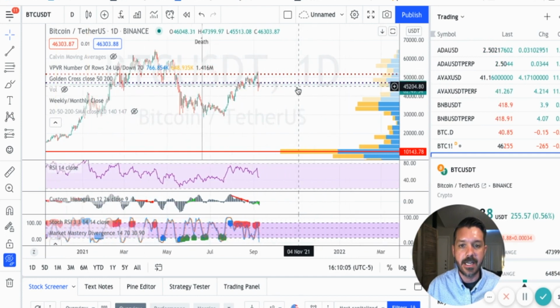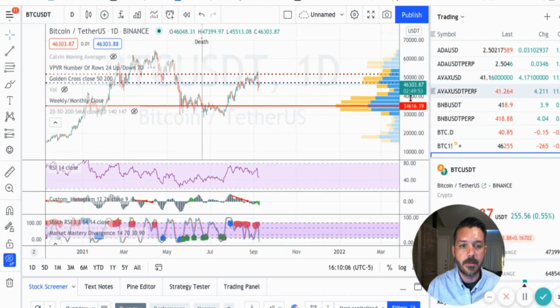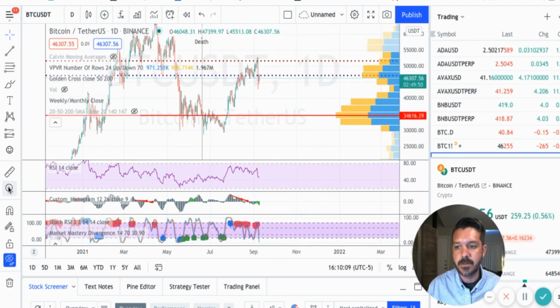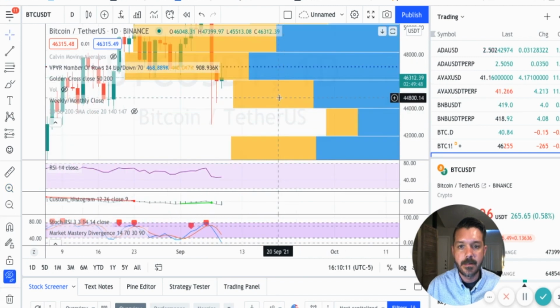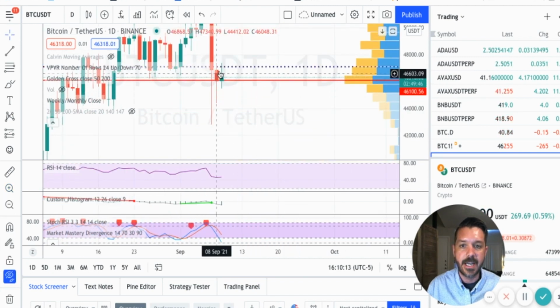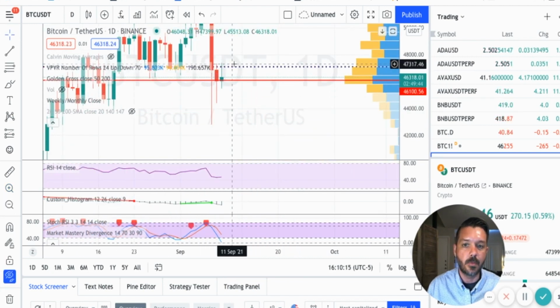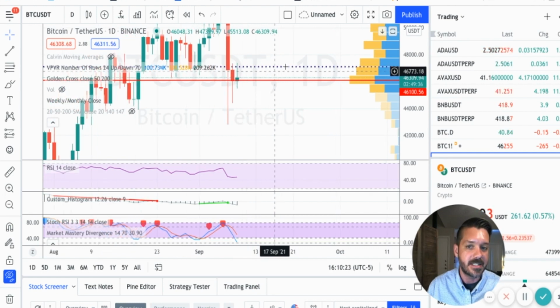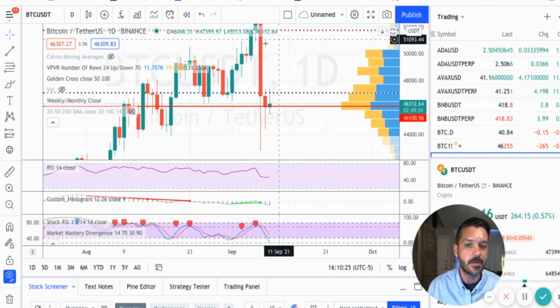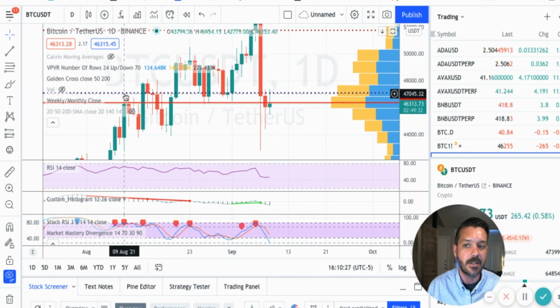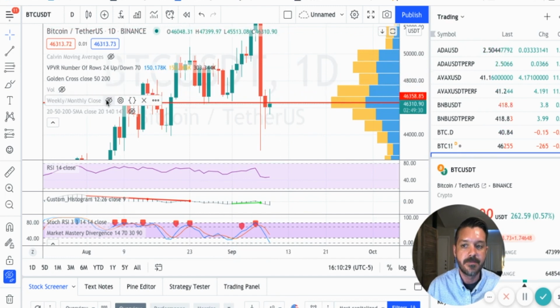So if we look at the price action now, the monthly close price is acting somewhat as resistance for us. So that's just another piece of data as we're trying to tell the story of where the price is going to go that we can use to make smart trades.